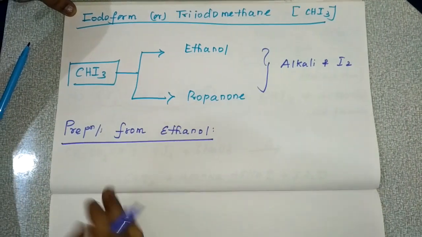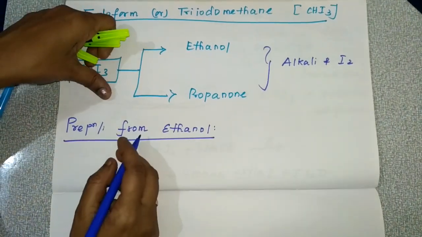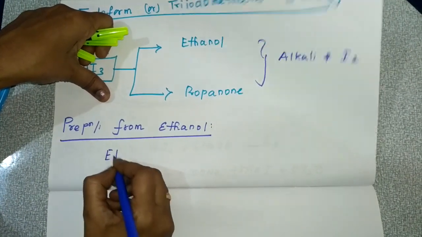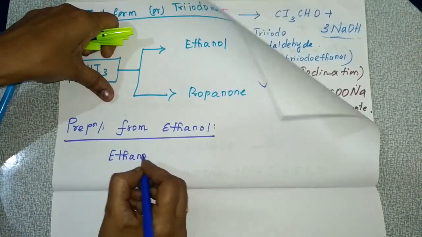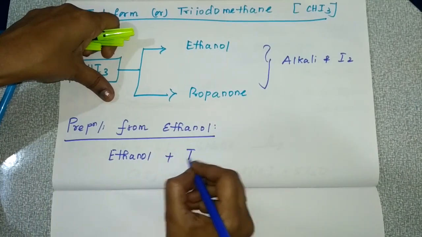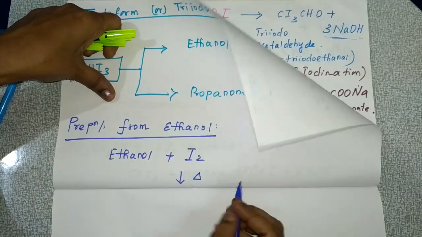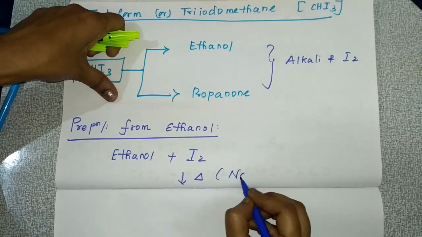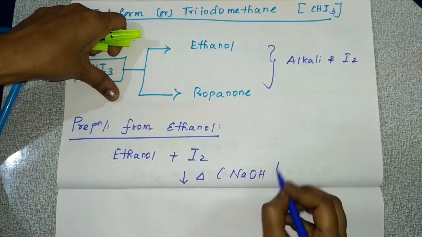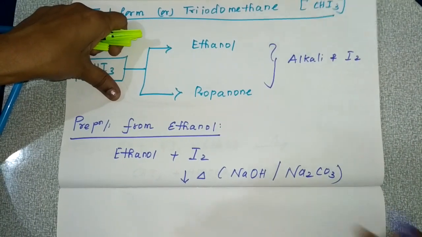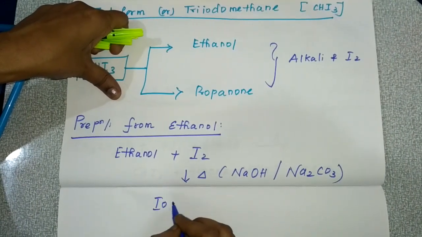So in this, we are going to take ethanol and iodine, and this is heated in the presence of sodium hydroxide or sodium carbonate, then you will get iodoform.